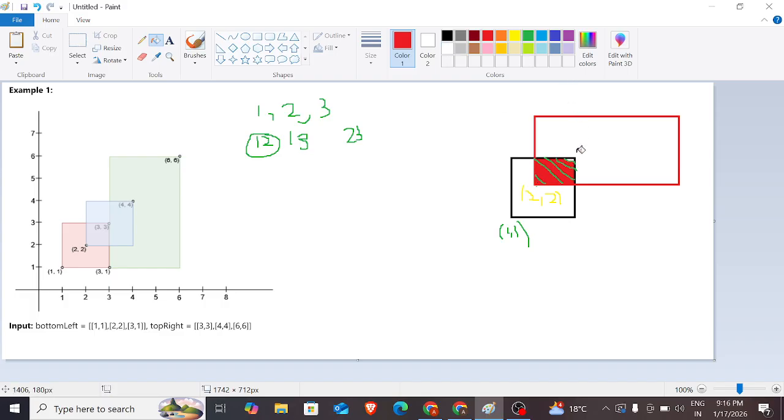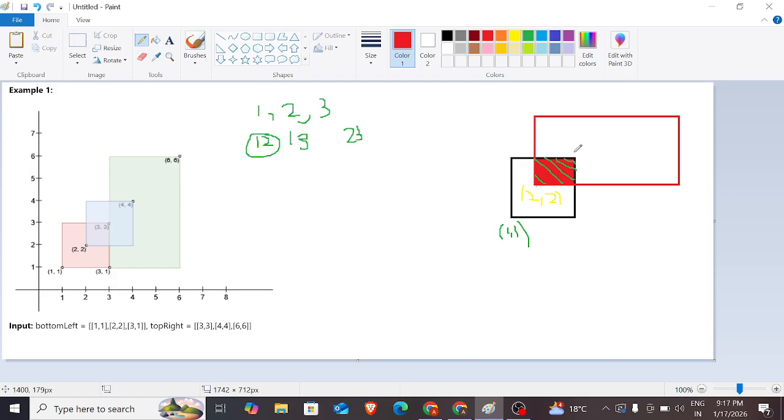So what I understand about its bottom is that it will be the max of 1 comma 1 and 2 comma 2. Similarly, the left side of this rectangle will again be the max of the black rectangle's left side and the red rectangle's left side.